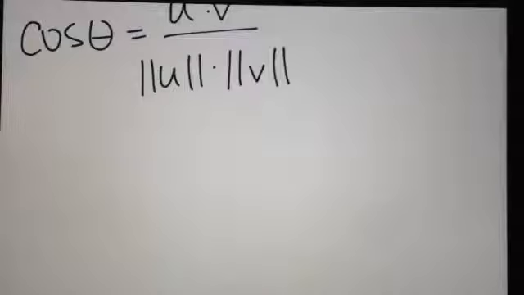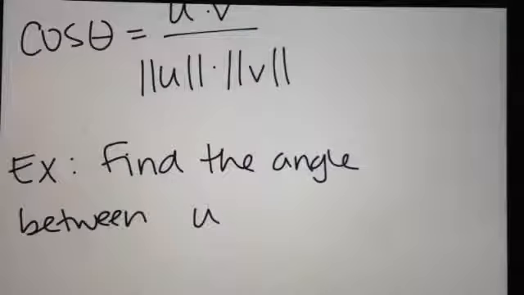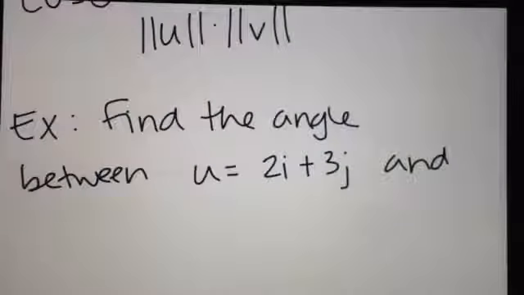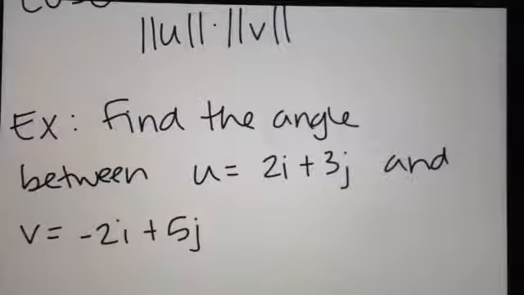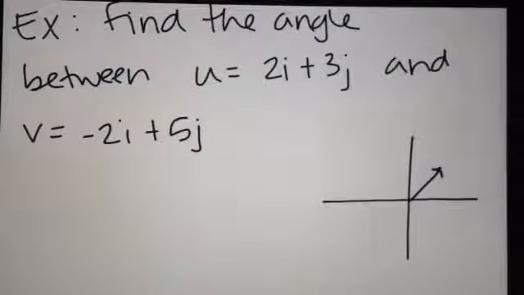All right, so for example, if we wanted to find the angle between vector u, which is 2i plus 3j, and vector v, which is negative 2i plus 5j, then what that represents, if we were to draw a little sketch of this, 2i plus 3j would be like over here, so that's like that vector right there, and so that's the point 2, 3.